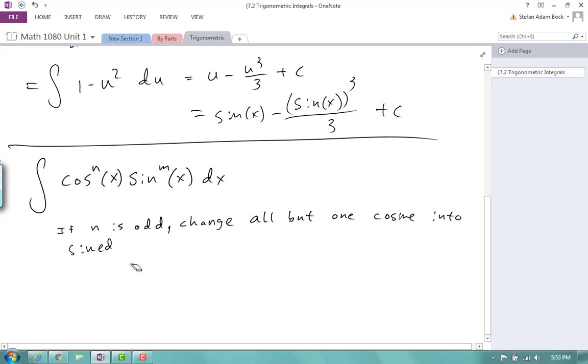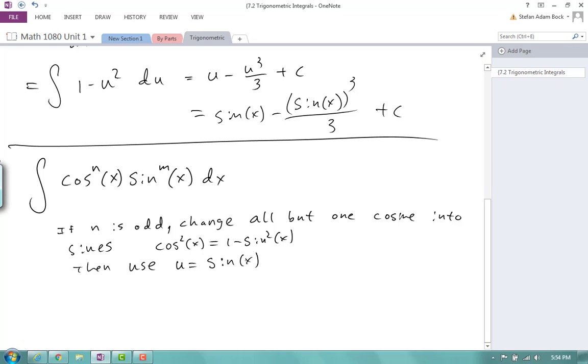I'm going to do that using the Pythagorean identity I wrote above. So I'll say cosine squared of x is equal to 1 minus sine squared of x. Then use u equal to sine of x in a u substitution. And I'll do that exactly like I did the first example.